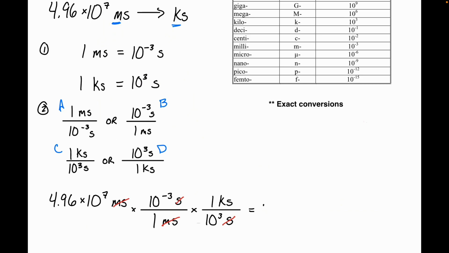Okay, so this would be 49.6. Again, my units work out so that I'm left with kiloseconds. And then sig figs. All right, this number here has 3 sig figs, so my answer better have 3. I get to ignore these conversion factors because they are exact.